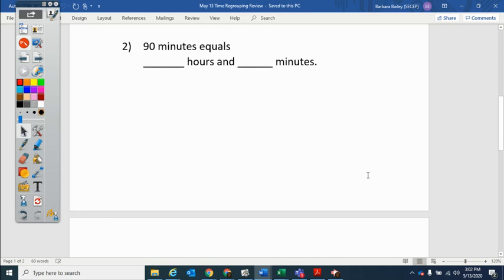Okay, I have 90 minutes, and that equals how many hours and how many minutes? Okay, 90 is more than 60. So that means that there's at least 1 hour here. So I have 90 minutes. 1 hour is 60 minutes, so I'm going to take away 60 minutes.